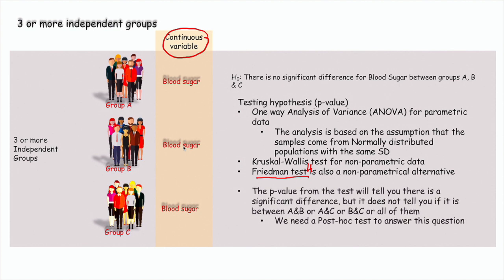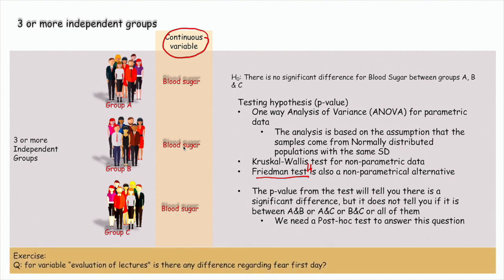So the p-value from the test that we have here just tells us that there is a significant difference somewhere between these groups or not, but it doesn't tell us whether this difference is between A and B, A and C, or B and C. And we need to do another test known as the post hoc to answer this question.